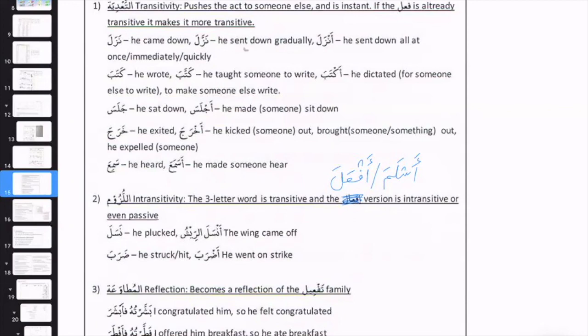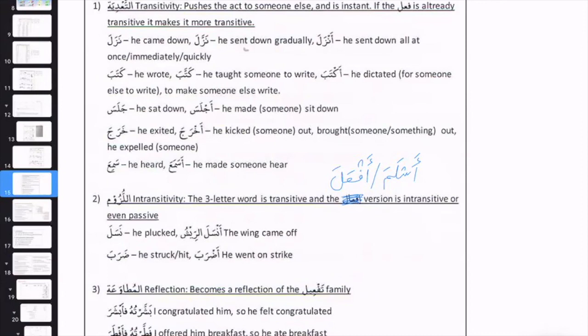Then we have number 2, the point is intransitive. The 3 root letter is transitive, and the aslama or af'ala, like masdar version, is intransitive or even passive. For example, nasala means he plucked. But when we say ansala rishu, that means the wing came off.